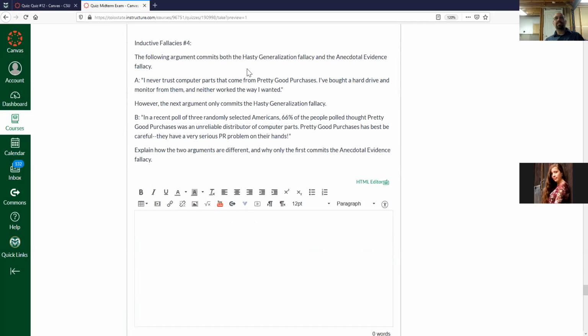All right, here you're tasked with figuring out why the first of these arguments commits both hasty generalization and anecdotal, but the second only commits hasty generalization. And the difference between the two is how immediate and vivid the person's experience that leads them to their generalization is. In the case of A, I'm relying on my own bad experiences.